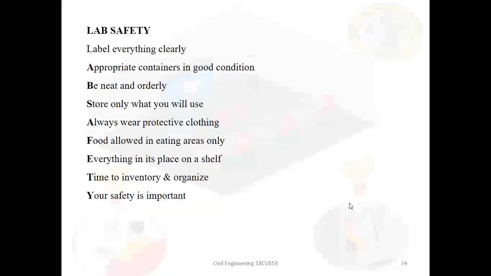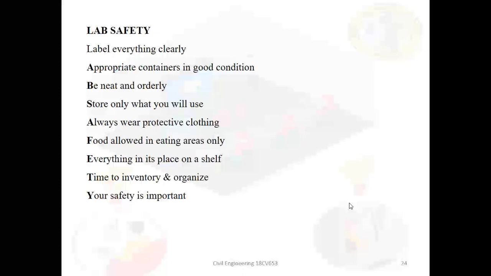And lab safety: label everything clearly and appropriately, keep containers in good condition, be neat and ordered, store only what you will use, always wear protective clothes, allow food in eating areas only, keep everything in its place on a shelf, take time to inventory and organize.